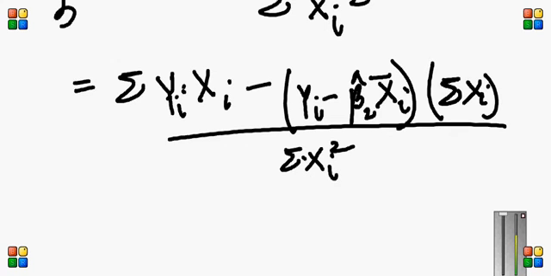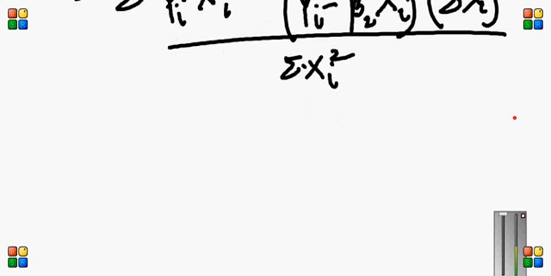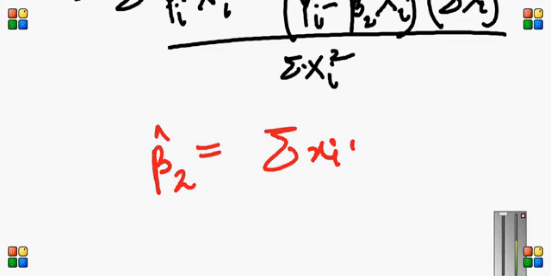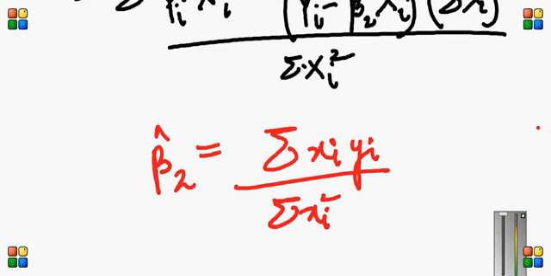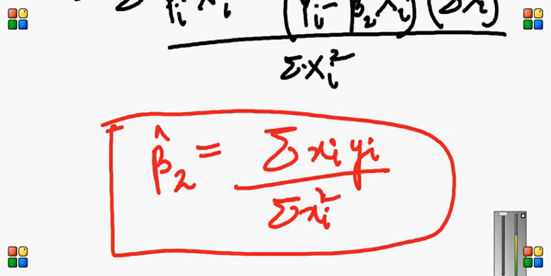So now I can take this term on the other side and solve. So if you solve it, you will get the final answer as beta 2 hat is equal to summation xi yi upon summation xi square, and this is the most important form of beta 2 hat.